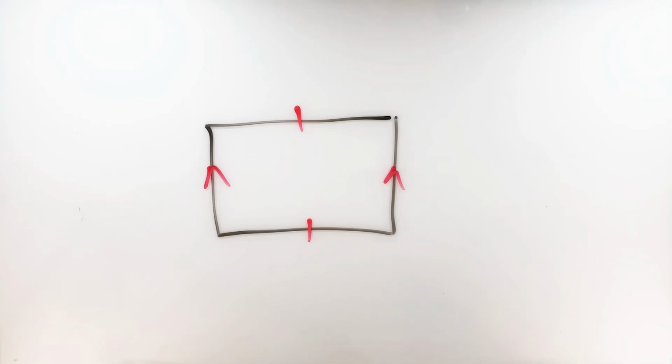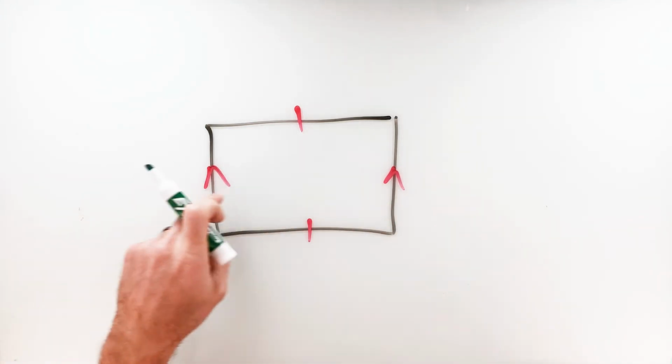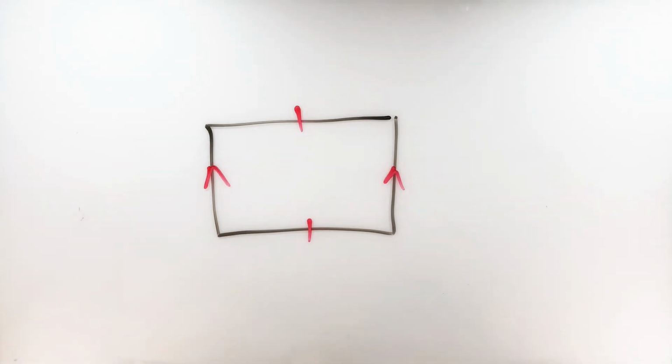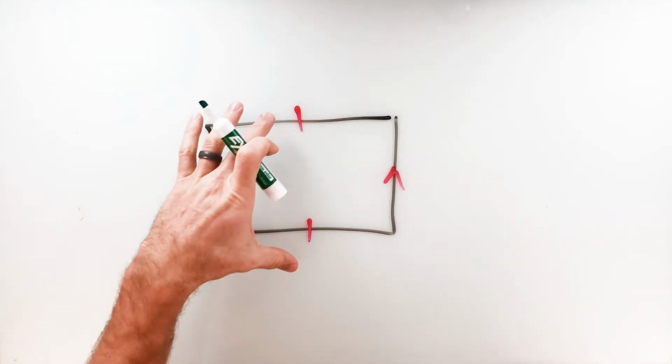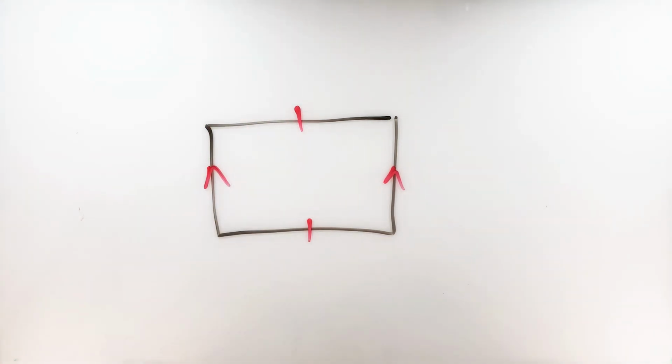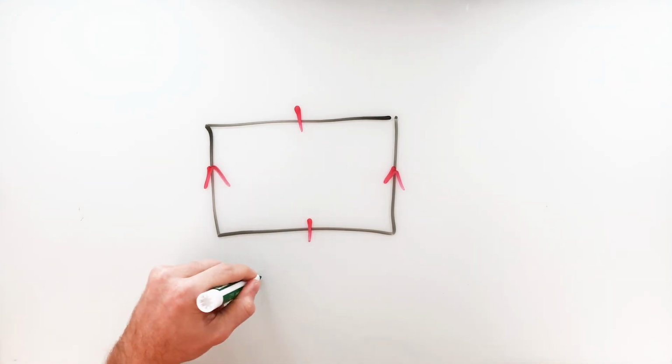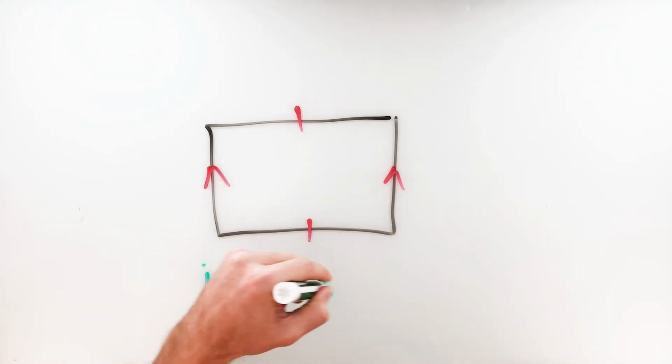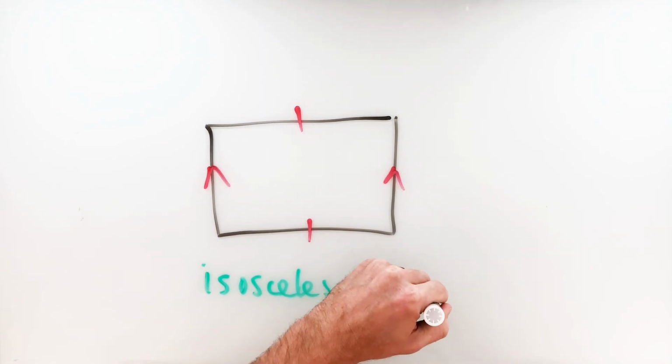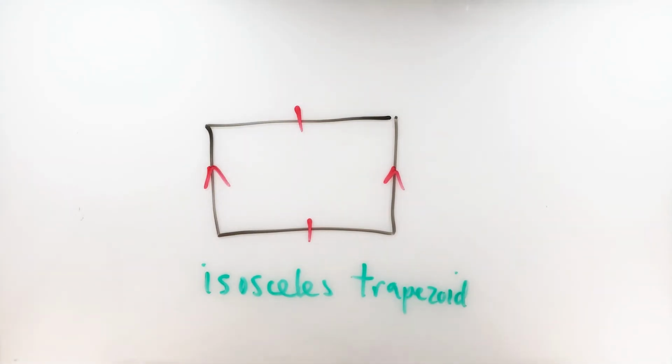Not necessarily. How do I know? How many pairs of parallel sides? One pair. One pair of opposite sides parallel, which is your second branch. We also have that the non-parallel opposite sides are congruent. This is an isosceles trapezoid. Okay, so based on the markings, that has to be an isosceles trapezoid. One pair of opposite sides parallel, non-parallel sides are congruent.